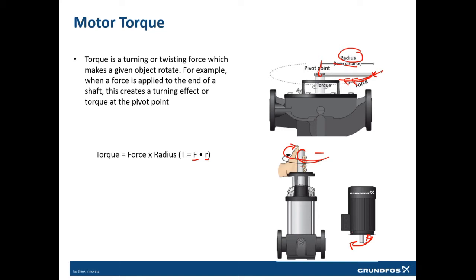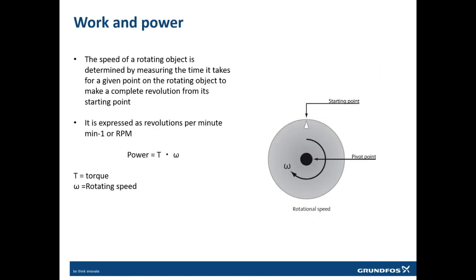So the power of the motor is defined as this: the torque it is generating, which is the radius times the force, multiplied by W, the rotational speed. You can either say RPM, or rotations per second.